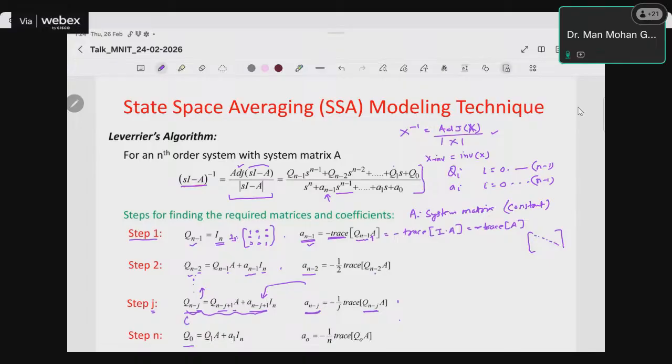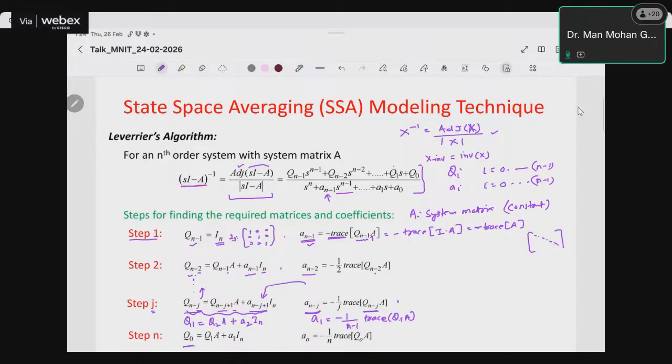We will find Q1 also. So Q1 will be like Q2 A plus a2 I, right? And we will find a1 also. So this is minus 1 by (n-1) trace of Q1 into A, right?